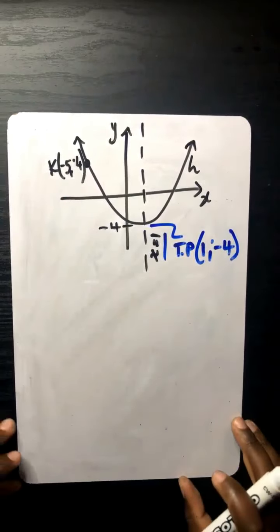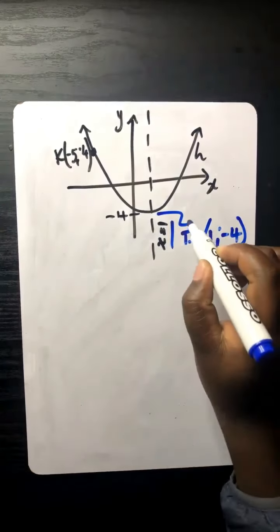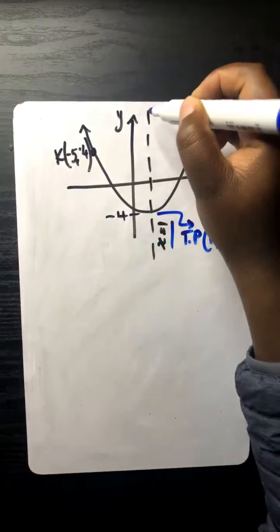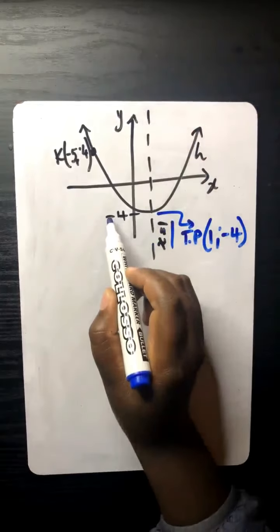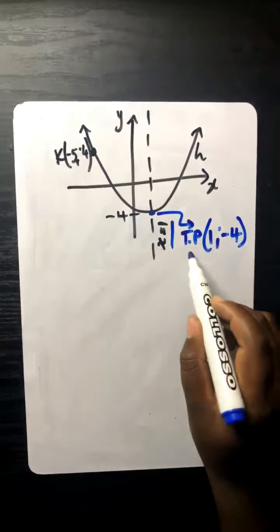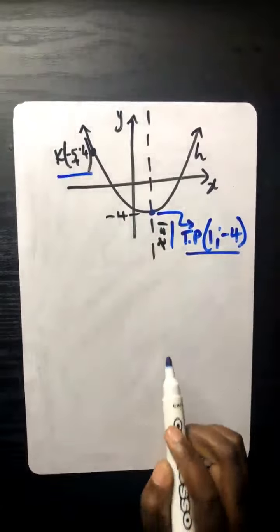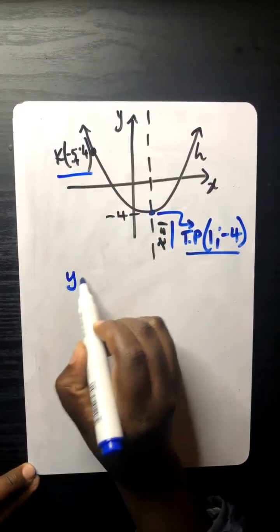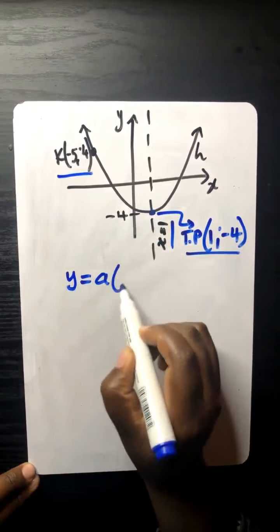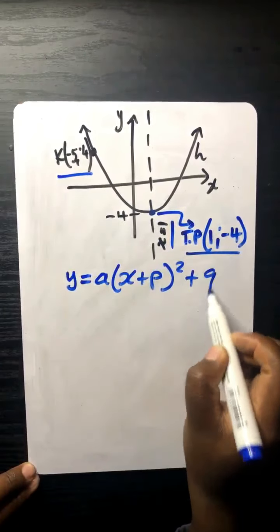So this is how the examiner will try to be tricky. You just need to be aware that when you have axis of symmetry, and again you've got that point given, which is the y value of the turning point, this is the coordinates of your turning point, and there you've got 1 point, which means you can now use this formula, y = a(x + p)² + q.